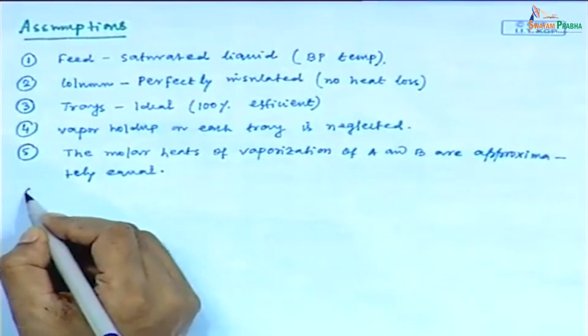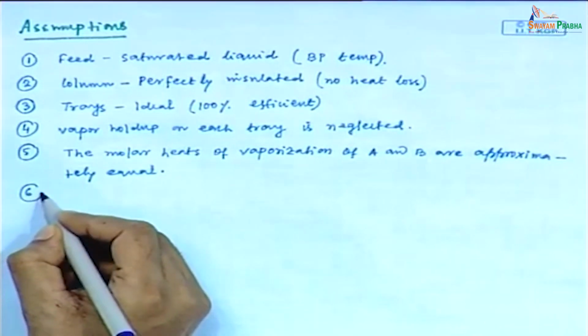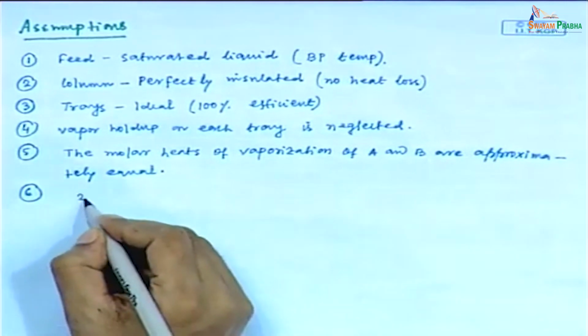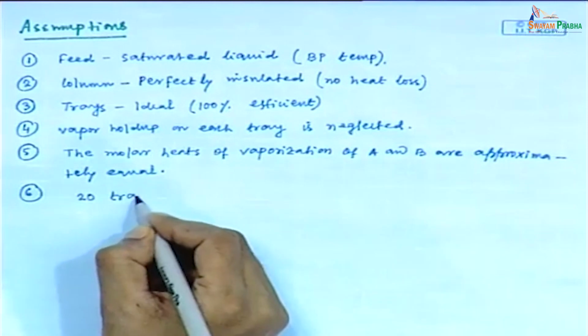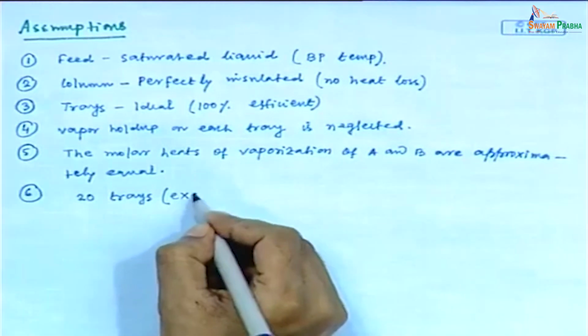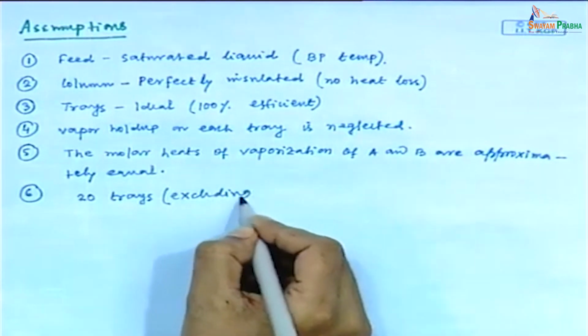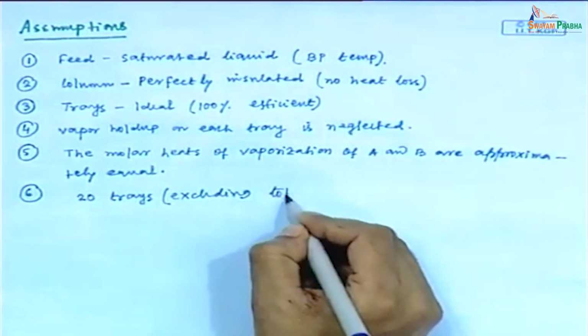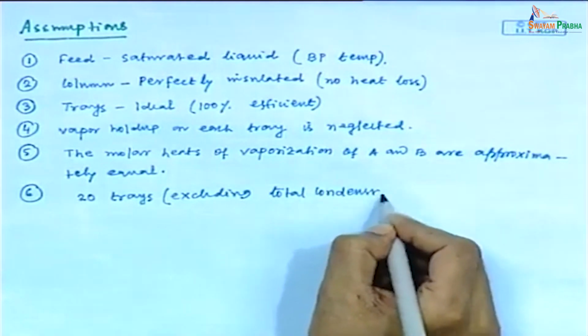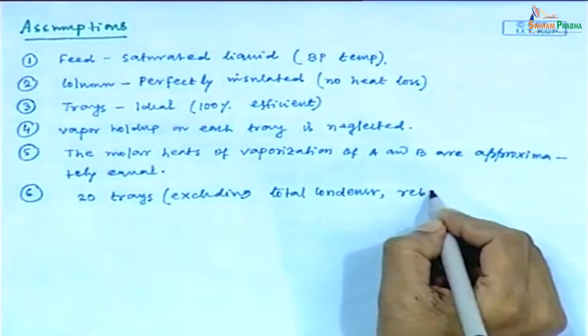The meaning of this assumption is that. The sixth assumption is the column has a total of 20 trays, excluding the total condenser and reboiler.